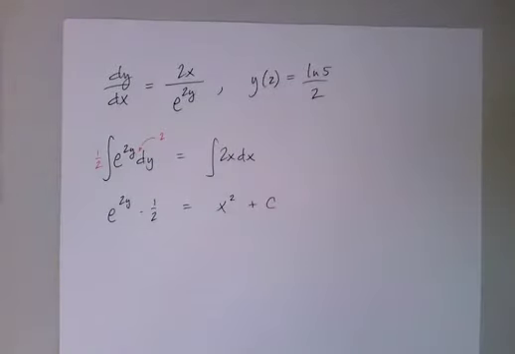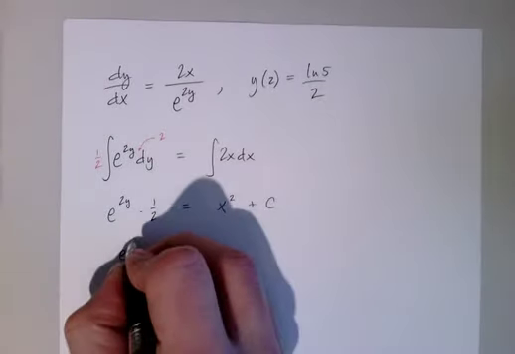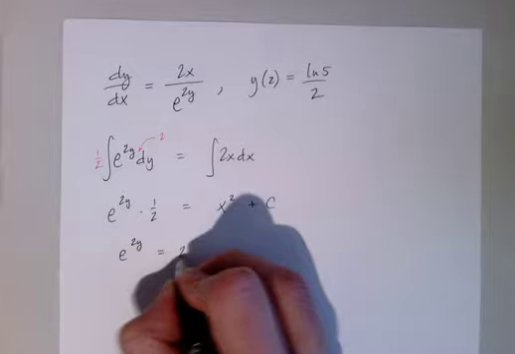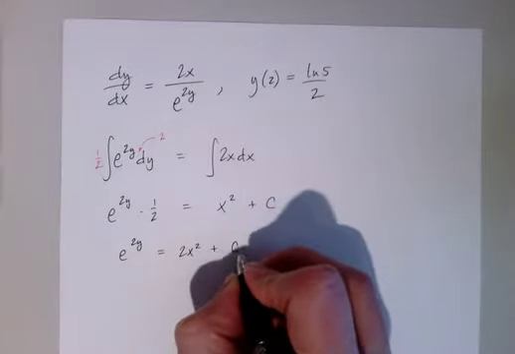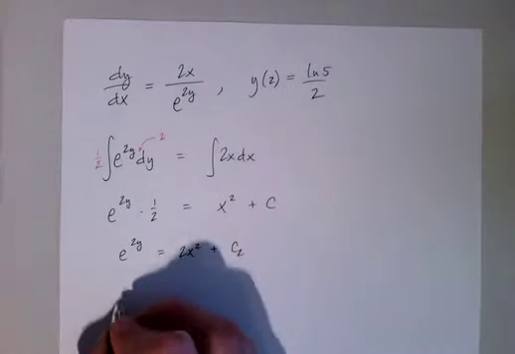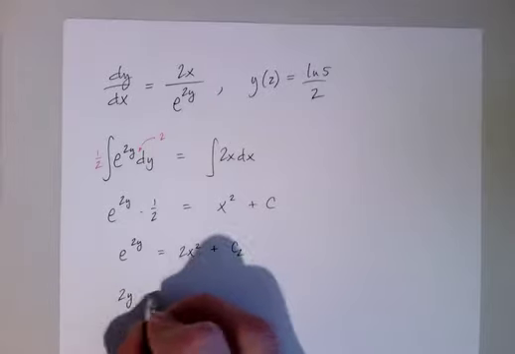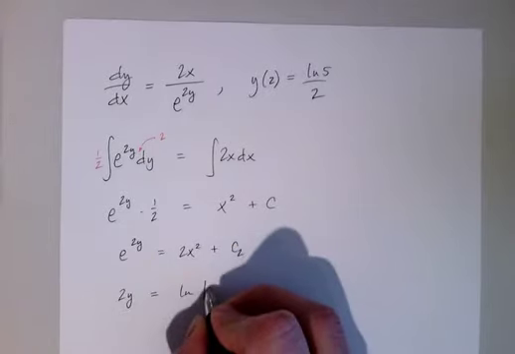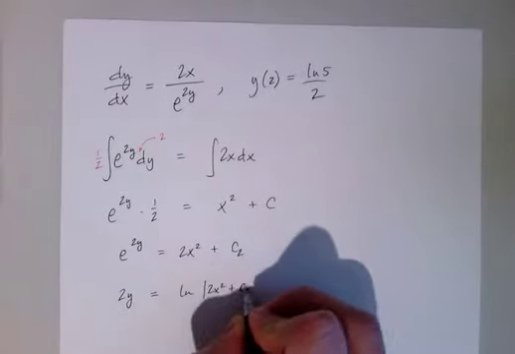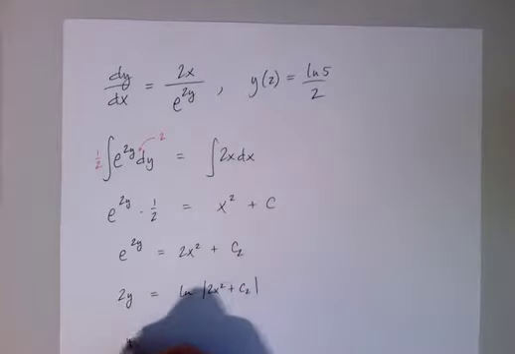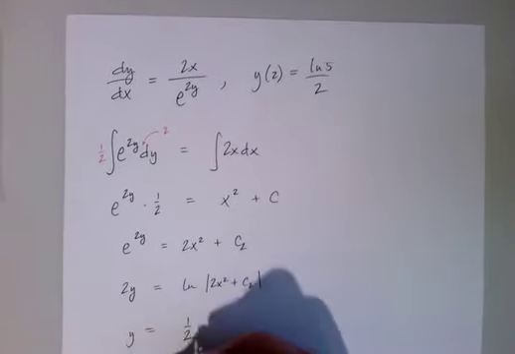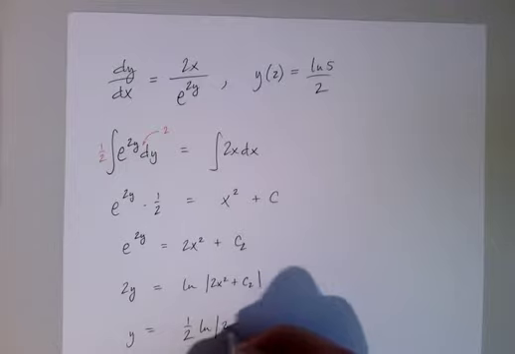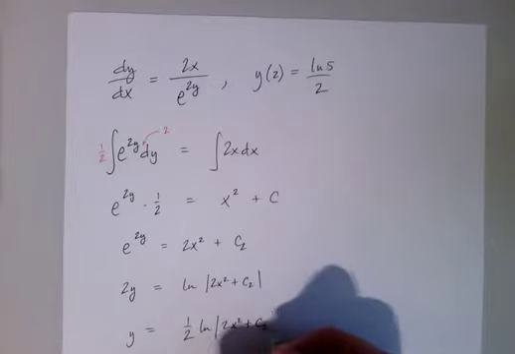That's just rudimentary u substitution. So e to the 2y is equal to 2x squared, and I guess we could call that c2. It's what we're in the habit of doing anyway. So 2y is equal to the natural log of 2x squared plus c2, or y is equal to 1/2 natural log 2x squared plus c2.